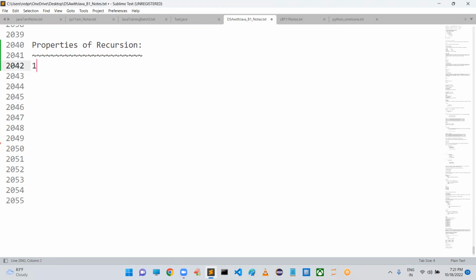First point: when do we choose recursion? If you want to perform the same operations repeatedly with multiple inputs, then we go for recursion.